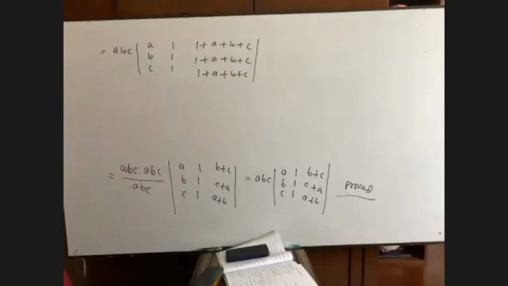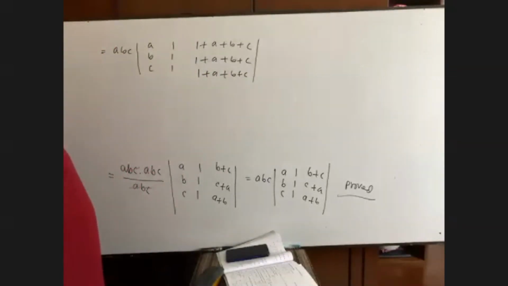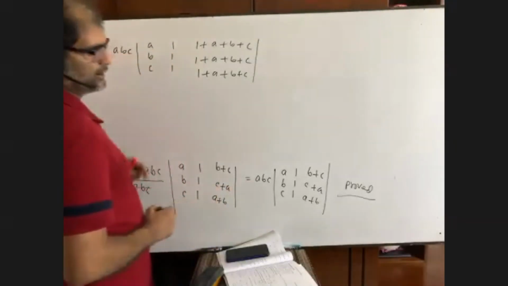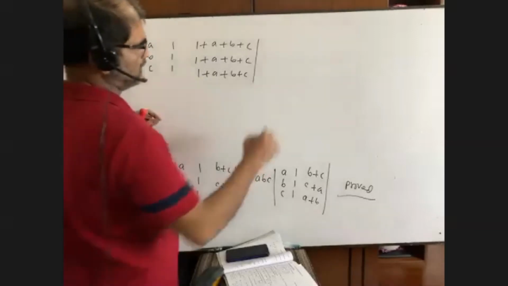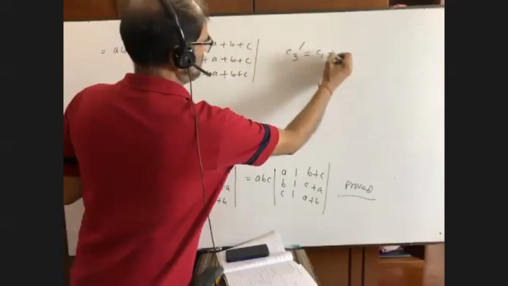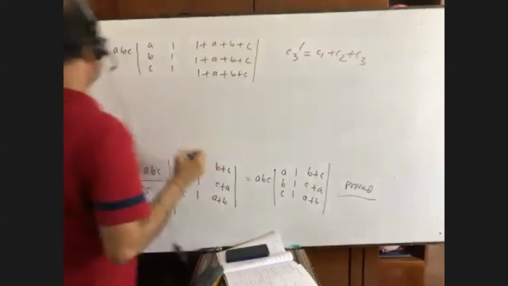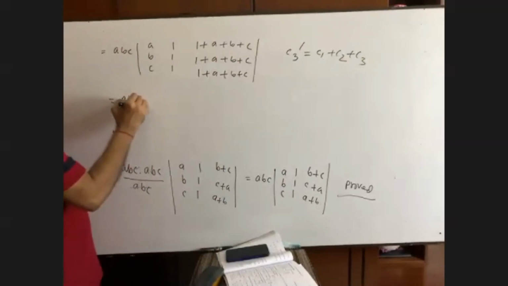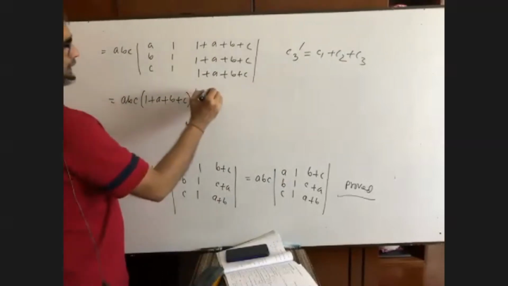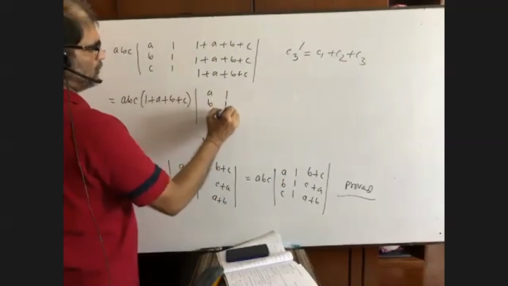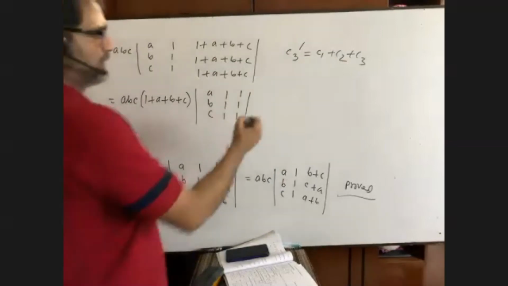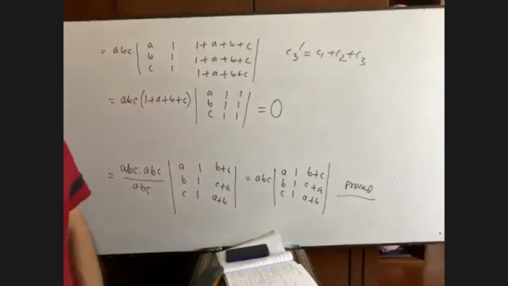Actually, what we have done here is column 3 equals column 1 plus column 2 plus column 3. Now you see, ABC into 1 plus A plus B plus C, it is equal to ABC 1, 1, 1. So we are getting two columns the same, so that is equal to our right hand side.